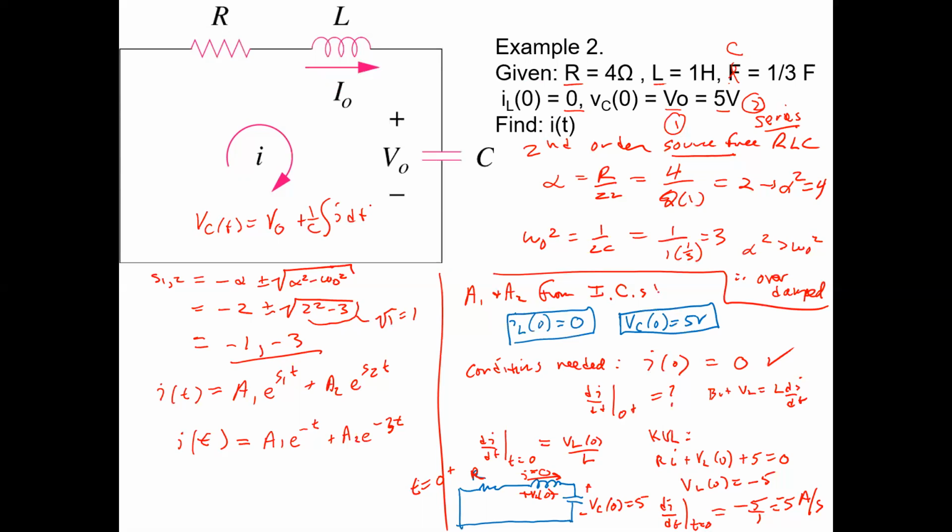Yeah, you could do that, or you could take the derivative and find L times di dt is going to give you VL, and then add to it. If you can't integrate, you could take the derivative, L times di dt plus R times I, and use KVL to find VC.